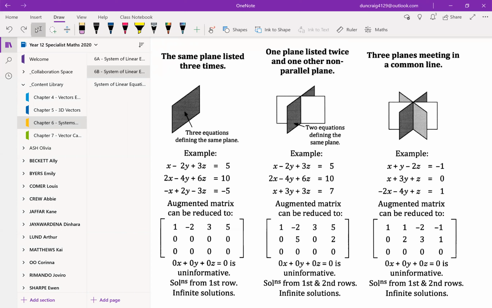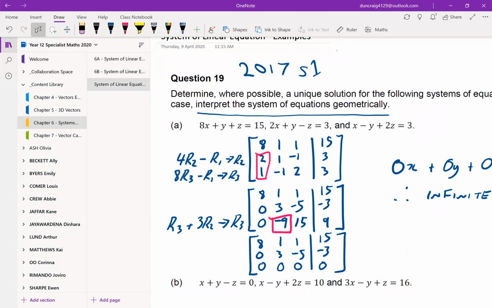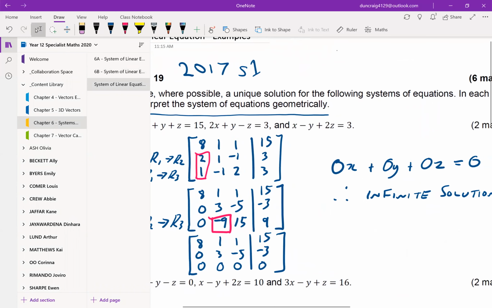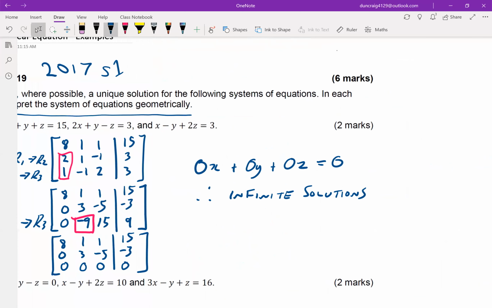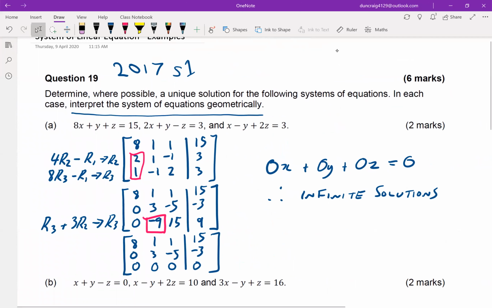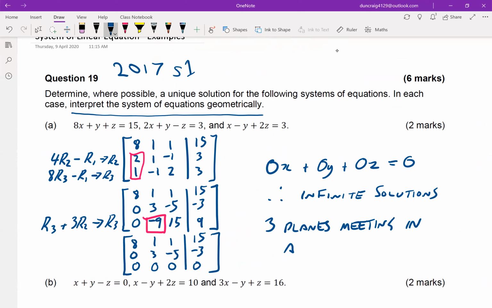So then it must be this third example here where 3 planes meet in a common line. So we'll just write that down here. So it is 3 planes meeting in a common line for that one there.